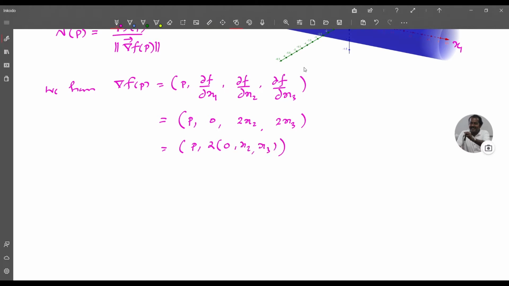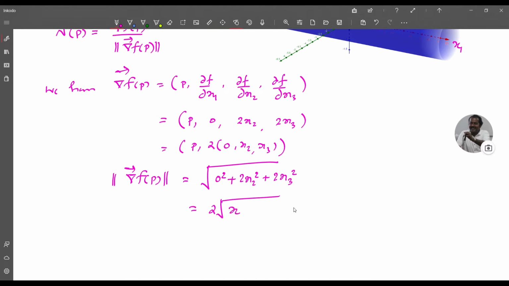And therefore the norm of del f of p is the square root of 0 square plus 2x2 square plus 2x3 square. So this is 2 into the square root of x2 square plus x3 square, that is 2 into the square root of 1, it is 2, because x2 square plus x3 square is 1.